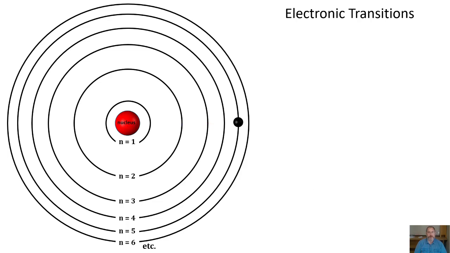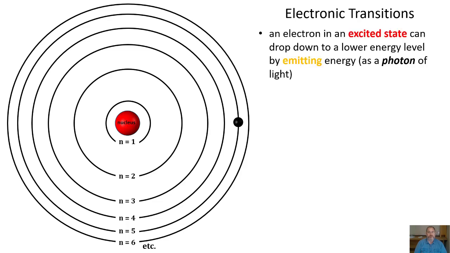Now we can also talk about what happens when electrons are already in an excited state. So electrons in an excited state can drop down to lower energy levels by emitting energy, and they emit the energy as photons of light. So let's think about an electron already promoted to the fifth energy level. So it's an excited state electron. And let's say that it drops back down to a lower energy state. As it drops back down, it emits a photon.